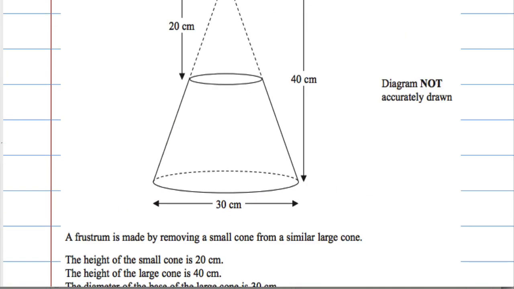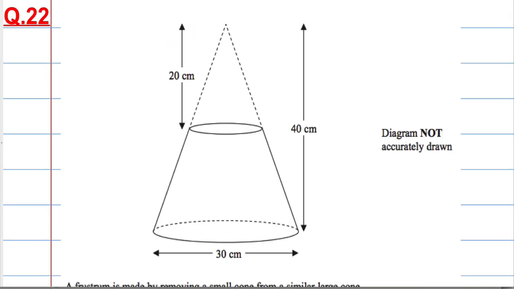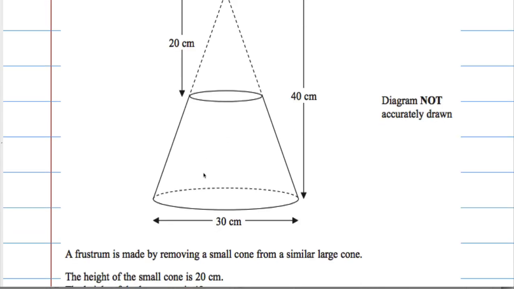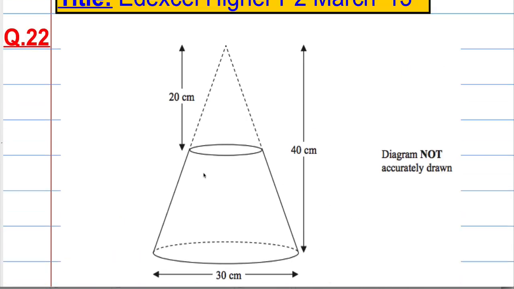Okay. Now the other thing is I need to work out the volume of this top part, this smaller cone that gets cut off. Now, an important feature is the fact that they're similar shapes. And if the height of this cone is 40 and the height of this is 20, that means the scale factor is 2. So if this is half the height, that means it must have half the diameter.